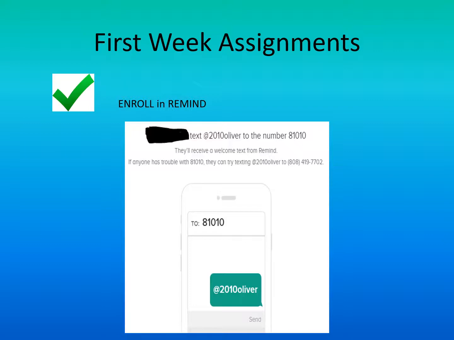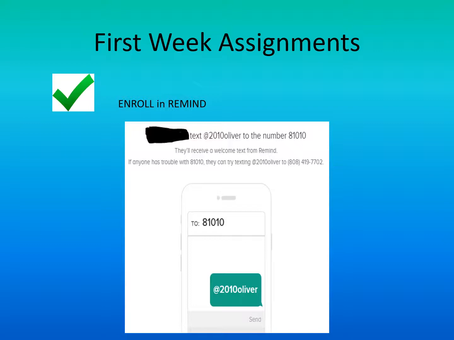Text the code shown here, which is at 2010 Oliver, to the number 81010. If that number doesn't work for you, try texting that same code to the number 808-419-7702.